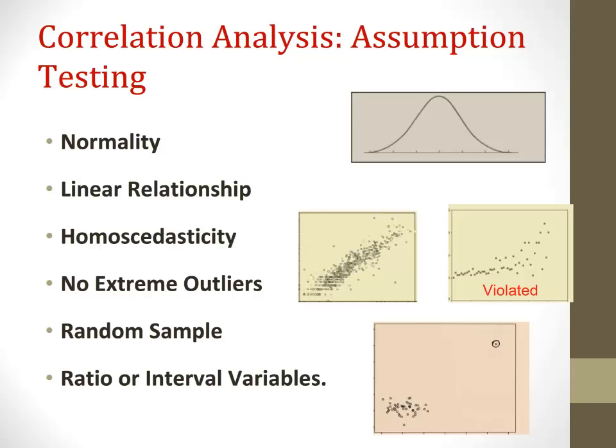They said, I think it's 11, that if there are more than 11 ranks, then it's probably okay to use Pearson's r with ordinal data. However, a lot of statistical texts will say if you have ordinal data, the best choice is to go ahead and use a Spearman rho.